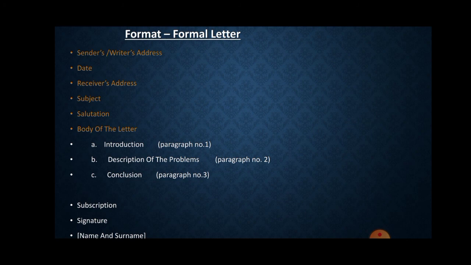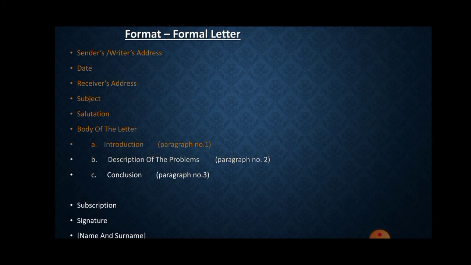If the content is divided in 3 paragraphs, the paragraphs should be like this. The first paragraph should contain your details and the details of your complaint or information. The immediate reference is made in the opening sentence. It refers to the subject matter of the letter.